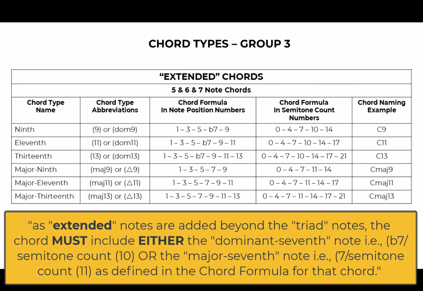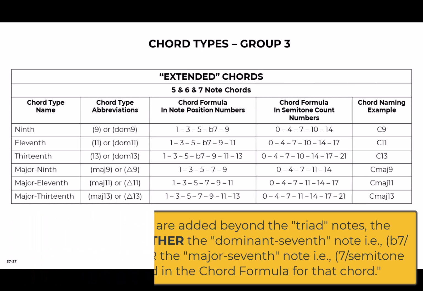Let me repeat that. The 7th notes are pretty special, so when you're doing extended chords, it has to have either a dominant 7th note or a major 7th note, depending on what our formula tells us to do. But you have to have one of those 7th notes to make these extended chords work.